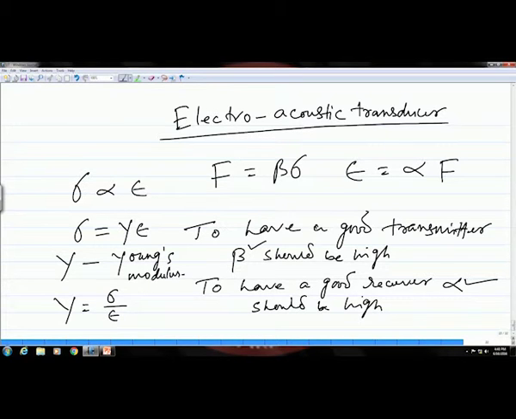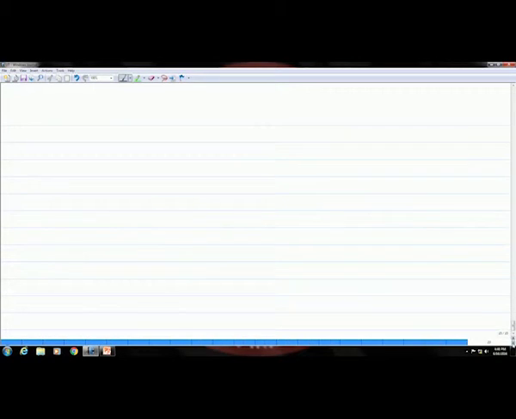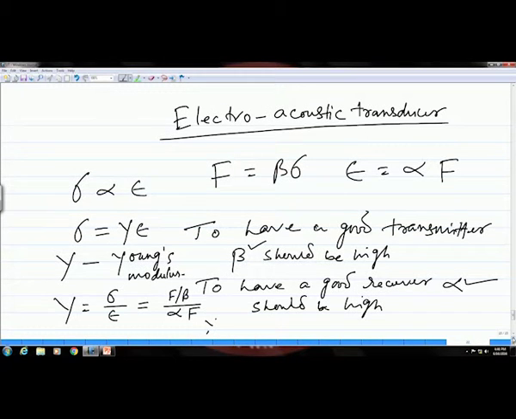Right. Now, if you replace sigma and epsilon in terms of the electrical signal f, this is what you will have. Okay. So, that means y becomes this, as you could see from here.